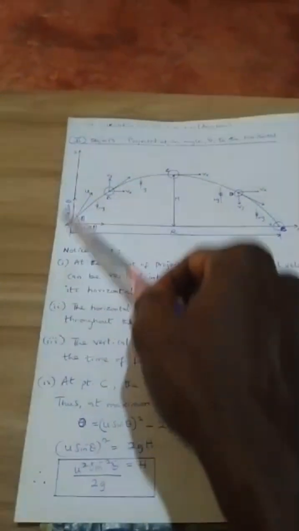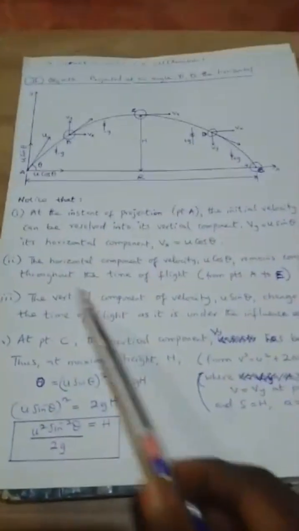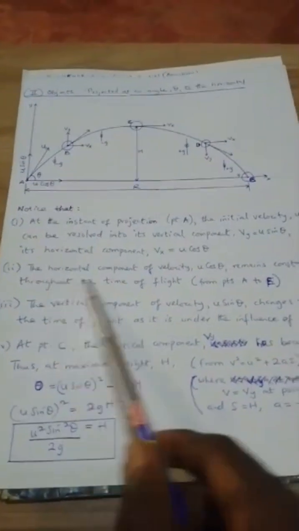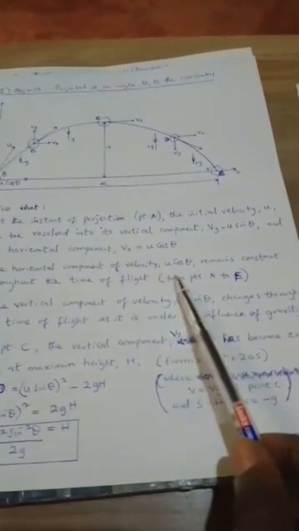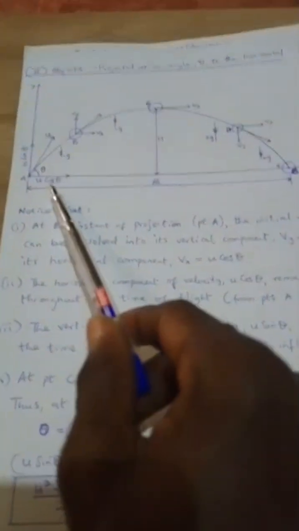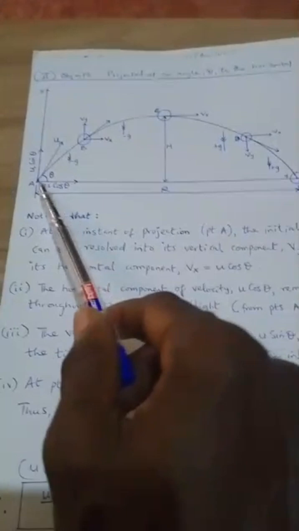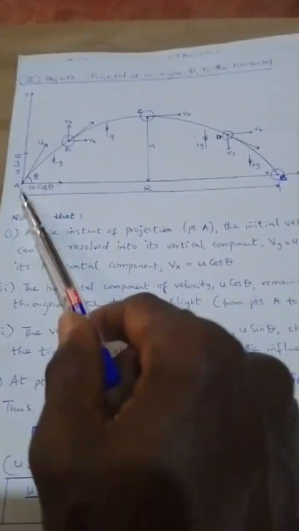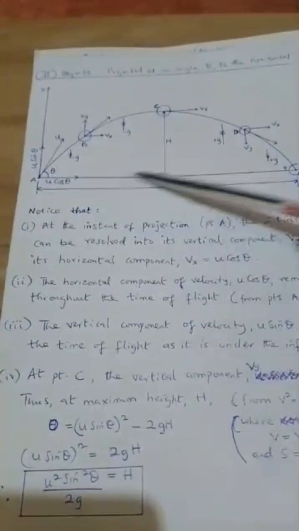It's motion that goes in 2 dimensions, so it can be split. The second thing we should notice is that the horizontal component of the velocity, u cos theta, remains constant throughout the time of flight, throughout the journey from point A to E. Why? Because it's not under the effect of gravity.